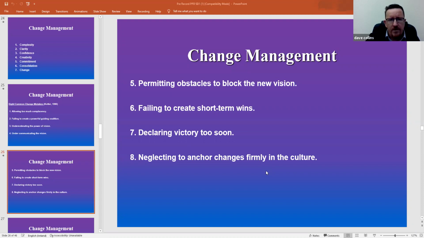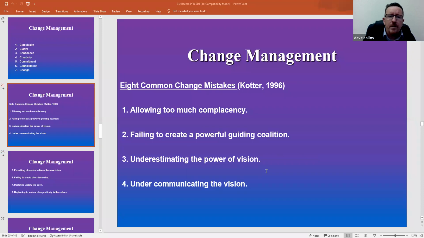So let's go back to those for 1 second. Allowing too much complacency. Again, we allow complacency to creep into our work and our personal lives a lot of the time because it's something we've been doing day after day after day. We get complacent. Same thing happens when we're changing. We get complacent, and things don't happen.